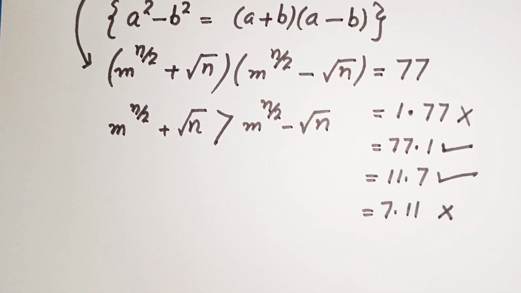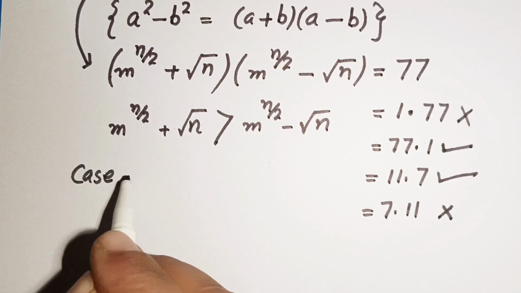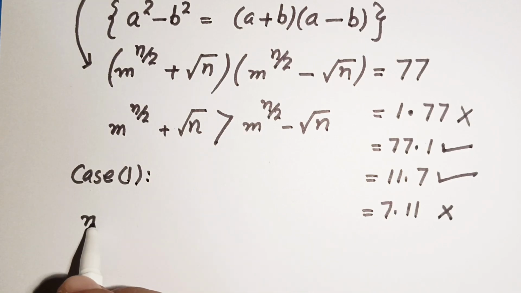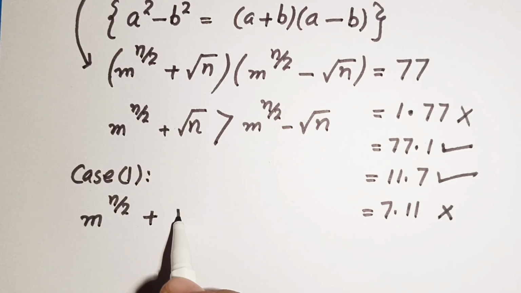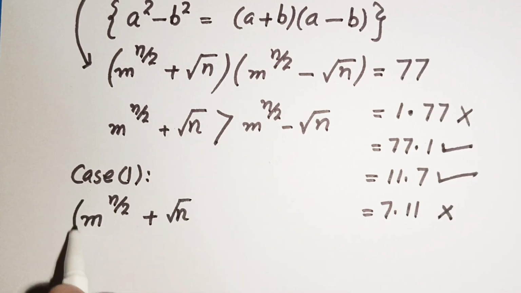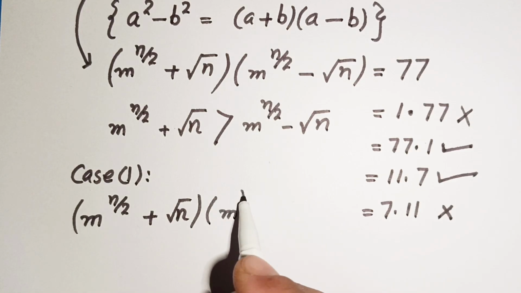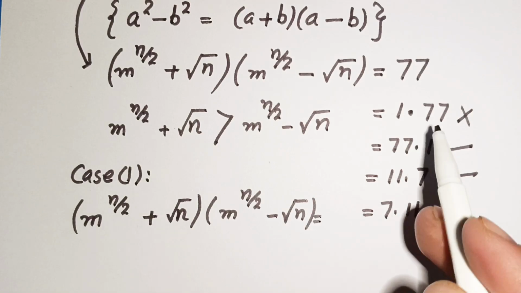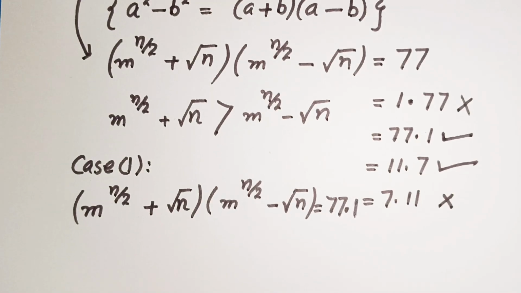Now we are going to write our case number 1, which is m to the power n over 2 plus square root of n, times m to the power n over 2 minus square root of n, which is equal to, our first case, 77 times 1. So here we just write 77 times 1.